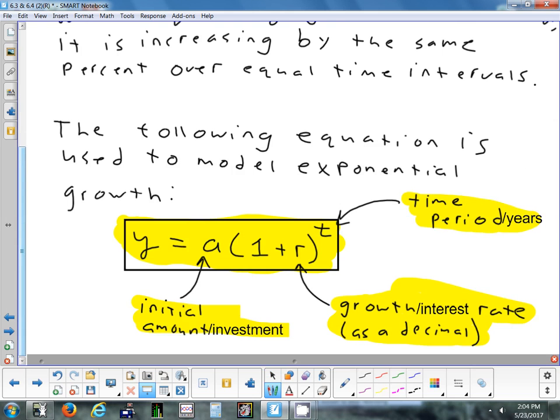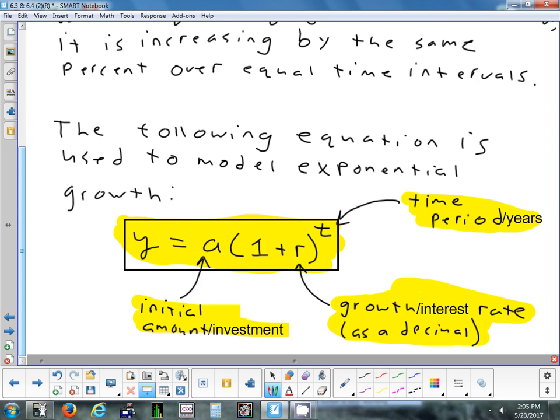We call that the growth rate. If you're talking about money, like in a bank account, we usually call it the interest rate. Same idea. And then T is time, that's how many years have gone by. Do you want to know the population of the city after 5 years, or after 70 years?